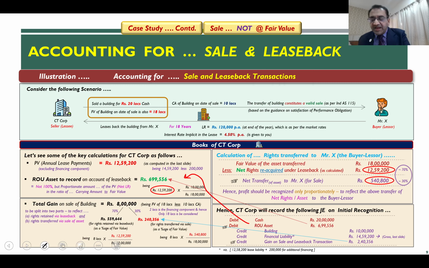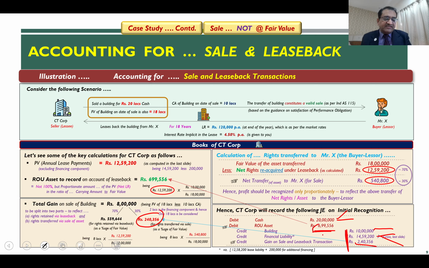So let us first look at calculating ROU as the balancing number: 20 lakhs cash received, 10 lakh building de-recognized, financial liability consisting of the 2 parts of 14,59,200, and gain as computed 240,356. So this 699,556 would be 20 lakh minus the sum total of all of these 3 numbers. That is one way to compute.